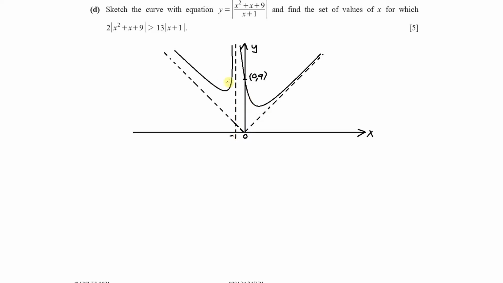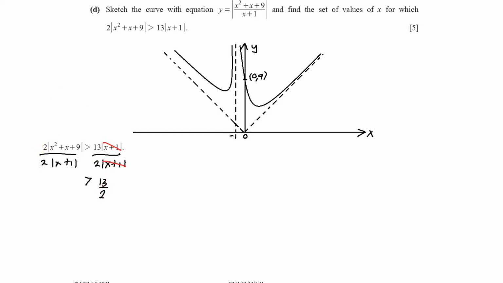So now that we have the modulus graph, we also want to answer the part that goes, find the set of values of x for which 2 mod (x squared plus x plus 9) is greater than 13 mod (x plus 1). Okay, so how are we going to do that? If I take this equation and I divide both sides by 2 mod (x plus 1), then I see that I can cancel this, and be left on the right side with 13 over 2.